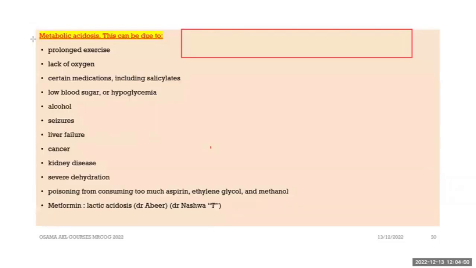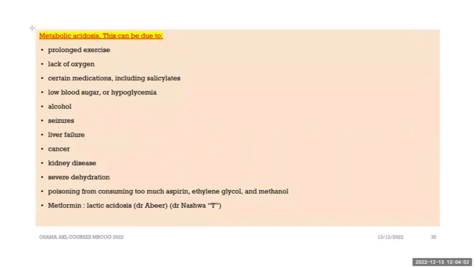Okay, what will lead to metabolic acidosis? Anything that leads to accumulation of acids in the blood will lead to metabolic acidosis. Prolonged exercise will lead to excessive lactic acid. Lack of oxygen, the tissue will do anaerobic glycolysis, so again lactic acid will be produced.